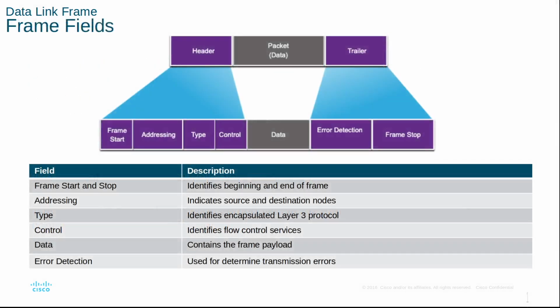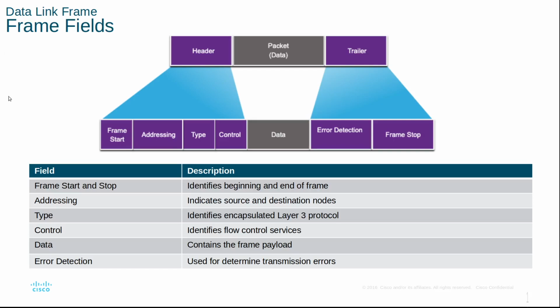But you tend to see things like the frame start. That makes sense. It identifies the beginning and end of a frame. There's a frame stop, right, for the end. The addressing, so that's going to be your MAC addressing, because we're dealing with the data link layer, so that's layer 2 MAC addressing or physical addressing. All those terms you're going to hear.